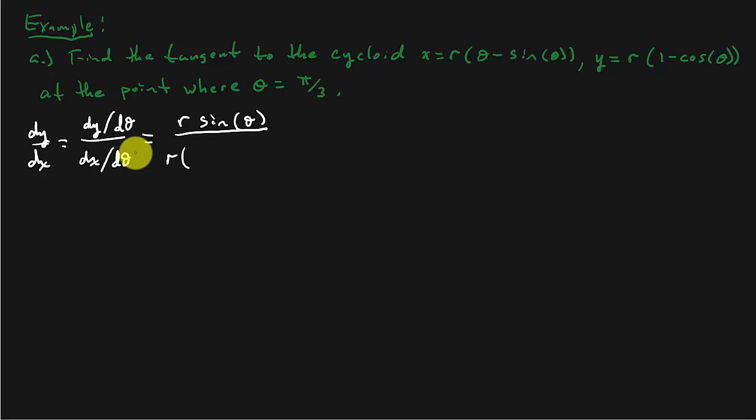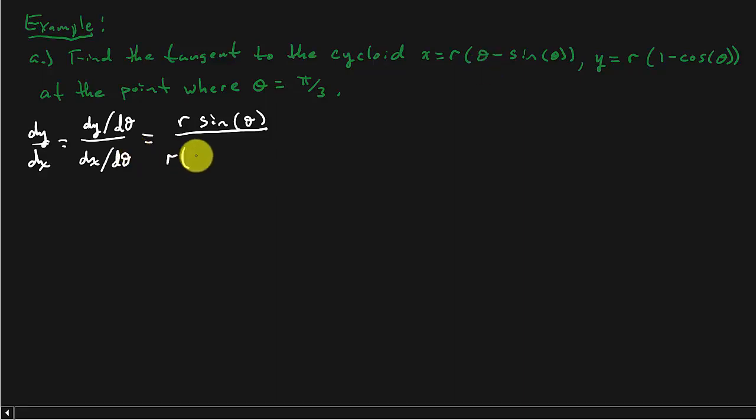Typically with these parametric equations you see t as the variable, so I just wrote t down, but it's dy d theta over dx d theta. The derivative of theta is 1 minus the derivative of sine, which is cosine. So this is going to be sine theta over 1 minus cosine theta.